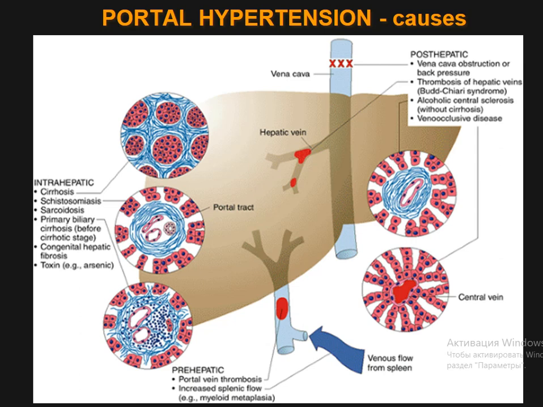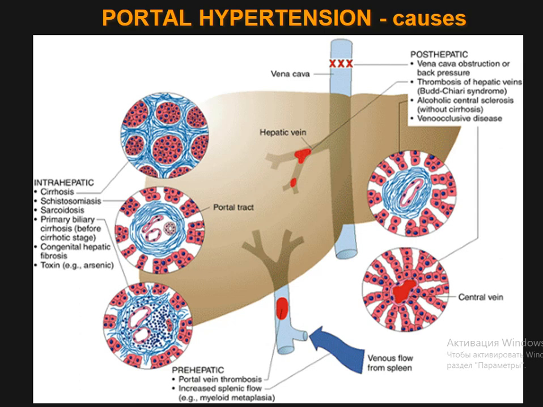In this way, portal hypertension due to obstruction of blood flow distal to the sinusoid is augmented by increased arterial blood flow. In addition, increased splenic arterial blood flow, whose cause is unclear, is an important factor in the maintenance of portal hypertension.